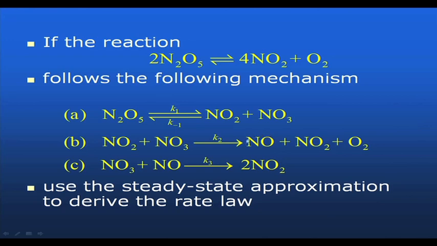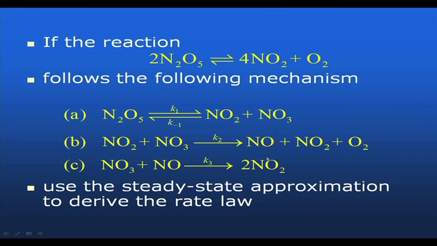This is one reactive species and this is another, because actually these are intermediates. At the end of the reaction you do not find anything like NO3 and NO, but you will be getting NO2 and O2. That is why we are applying steady state approximation to these two species.